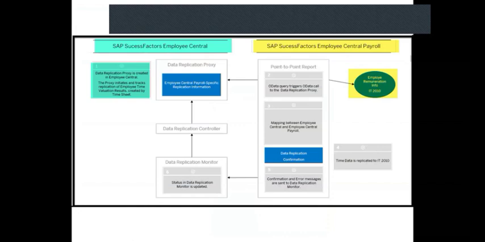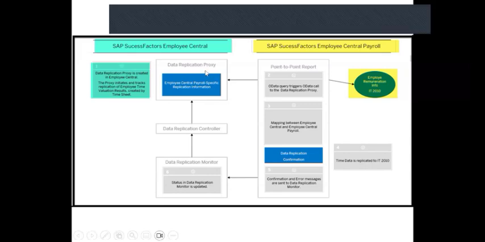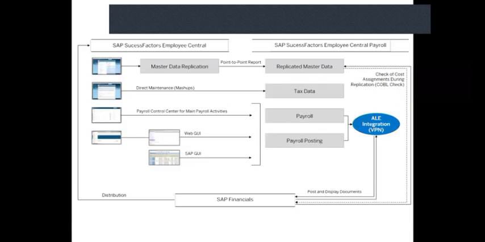Now we have a second level of customer. First we saw people who don't have SAP, who are using an ERP like Oracle and others. Another is where we have SAP, in SuccessFactors Employee Central. That means there is an interface. All employee data replication will happen, and then we move data point to point, and then we process the payroll for the customers.